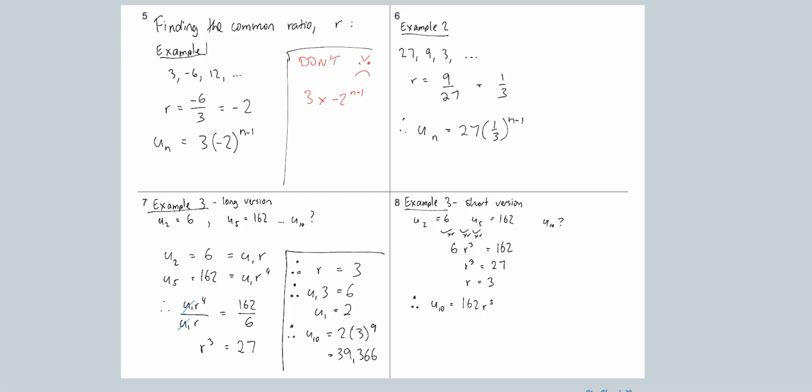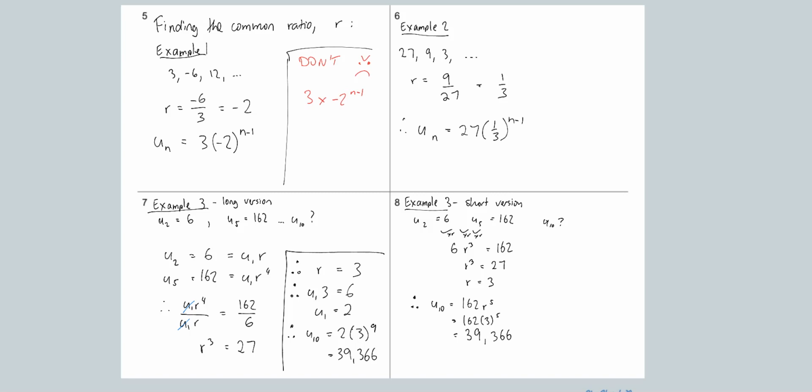Which is equal to 162 multiplied by 3 cubed, which is equal to 39,366. 3 to the 5th, not 3 cubed. Thank you. I'll fix that up. Should be that. 39,366. Confirm on your calculator that it should be 162 times 3 to the power of 5. It works. Should be 39,366.